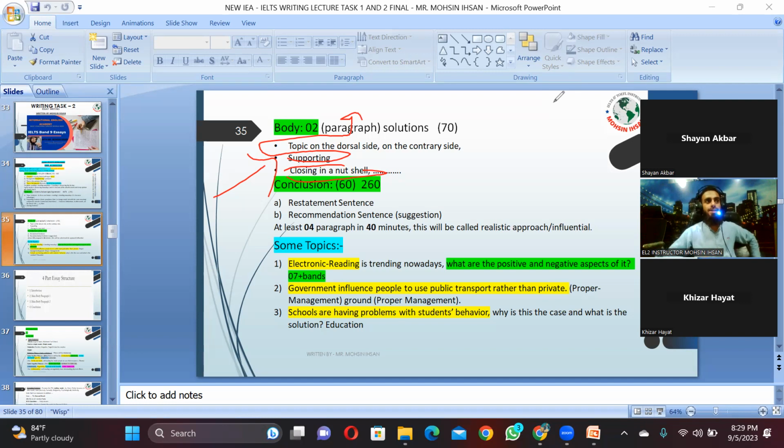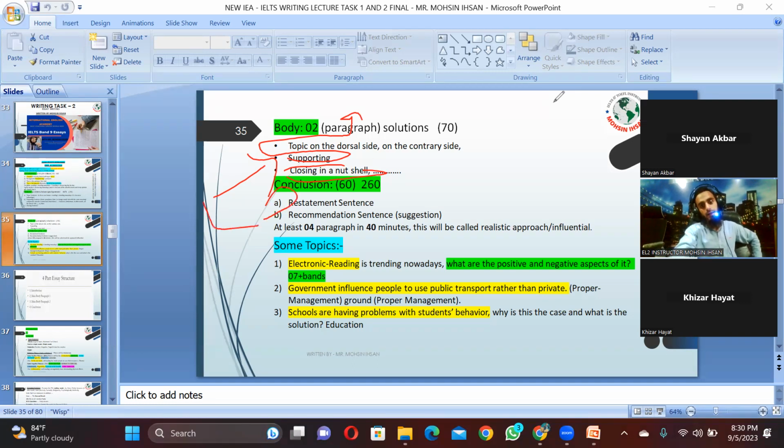For example, you would say, in a nutshell, we reach the conclusion that there are a lot of advantages of screen reading along with some disadvantages. For instance, if a person reads at the time of need, but excess use can create an issue, while he can also benefit from it if he's out of time. This is your restatement that you can mention in your own words.